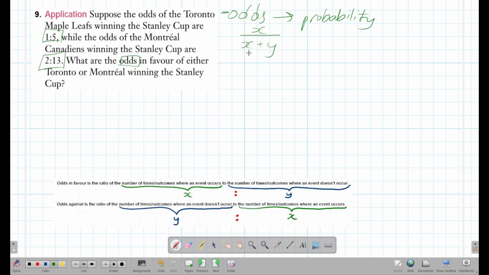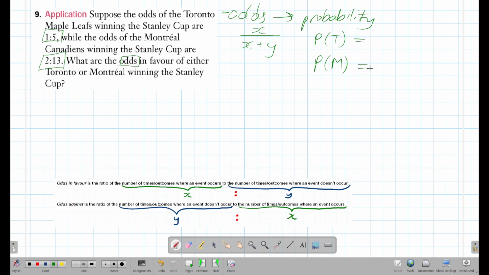But the abridged version is, let me define my events. I'm going to let T be the event that the Toronto Maple Leafs win, and I'm going to let M be the event where the Montreal Canadiens win.